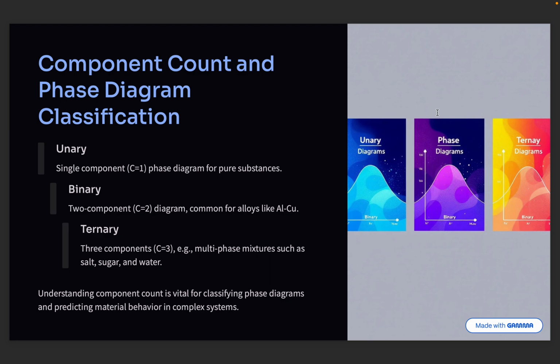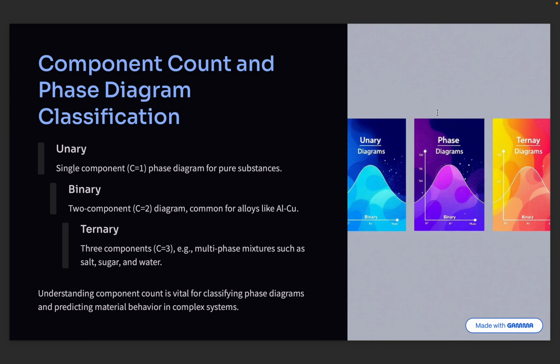The main thing is that phase diagrams are classified into different types. The first type is on the basis of components. If there is only one component, we call it a single component or unary phase diagram.